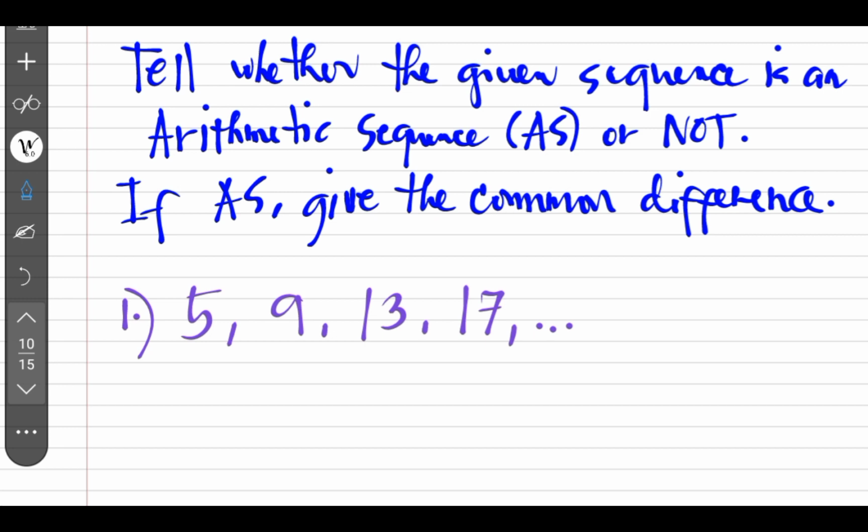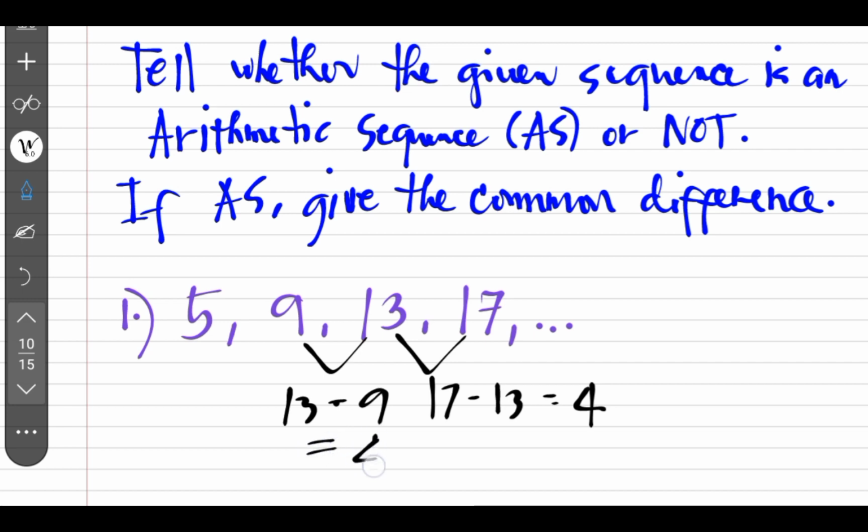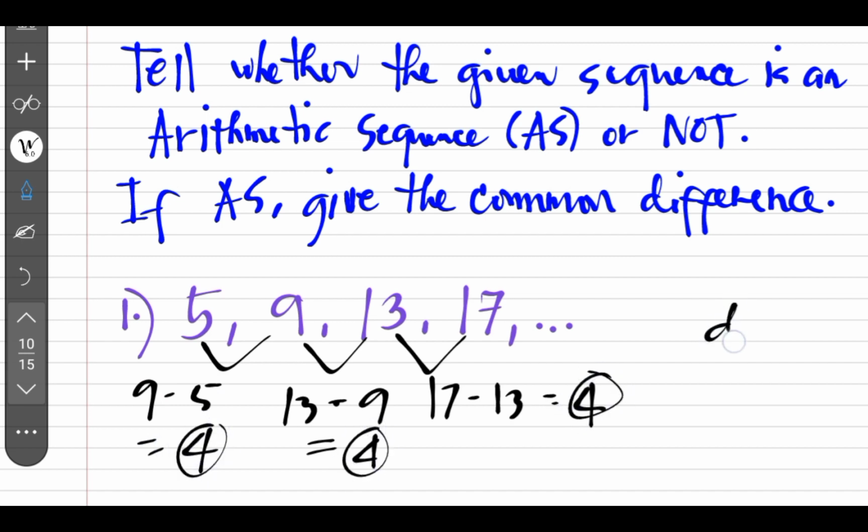So let's subtract. 17 minus 13, you have 4. 13 minus 9, you have again 4. And 9 minus 5, you have 4.